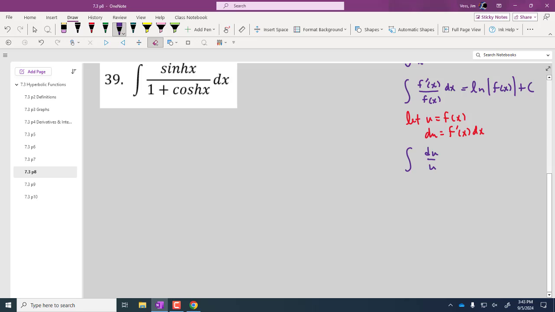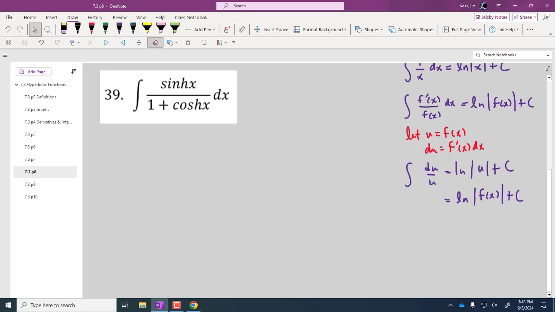If we plug in u as f of x, then its derivative du is f prime of x dx. That's the numerator. We end up with this. And we just said that's natural log of absolute value of u plus c. And then we just back substitute, so that's natural log absolute value f of x plus c.